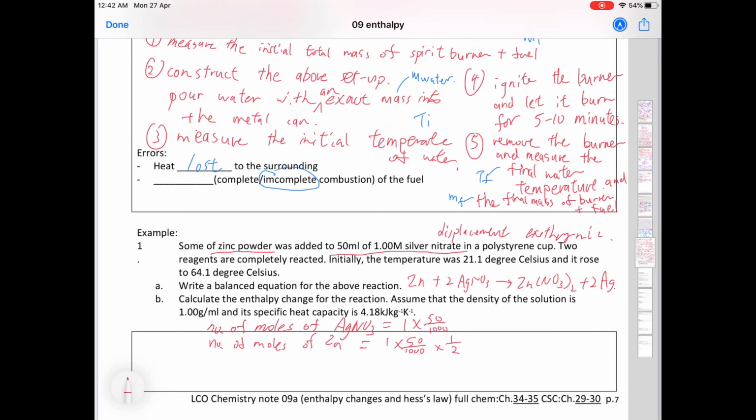The reason why we have to calculate the number of moles of zinc is that for the reaction we write like this, the corresponding delta HR refers to 1 mole equivalent of this equation occurring, so we use zinc as the main character, and then we can make the calculation simpler.